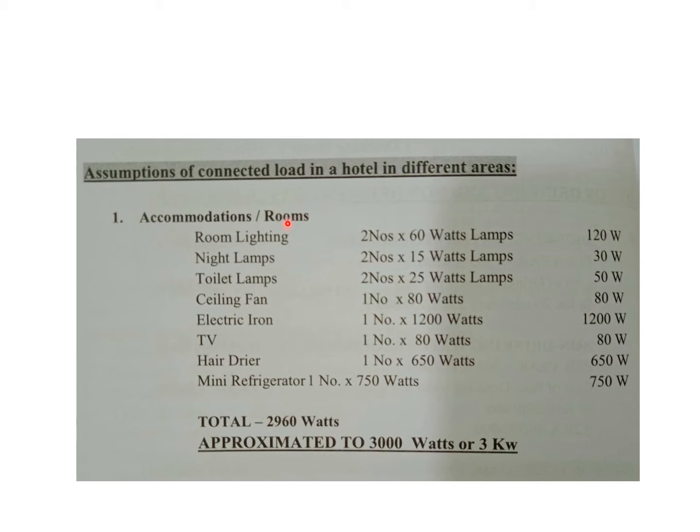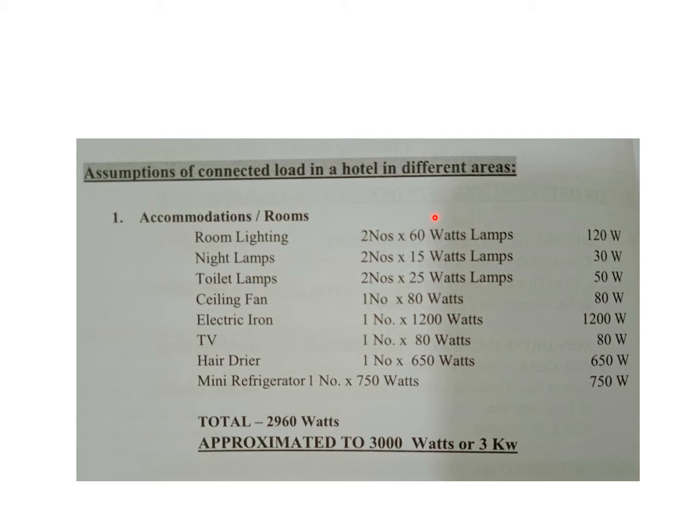Now the first thing we talk about is lighting. In a room you have different kinds of gadgets that take up the lighting. It's not necessary that all of these are used all the time. For the room lighting, you have taken 2 into 60 watts of lamp.